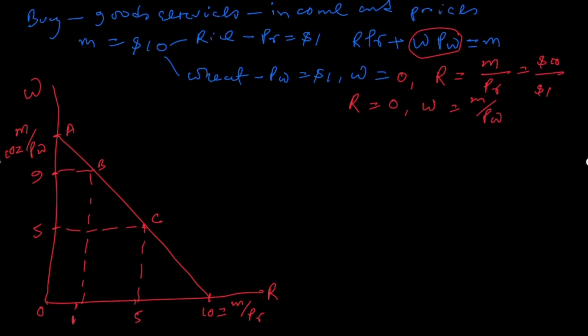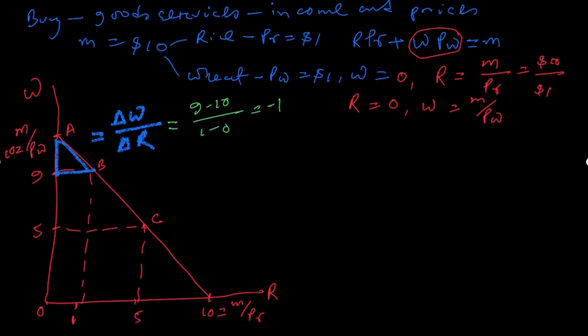So we get delta W by delta R. That is the slope of the budget line, which shows that for getting 1 unit of rice, I have to sacrifice 1 unit of wheat. So 9 minus 10 over 1 minus 0, we get a slope of minus 1.